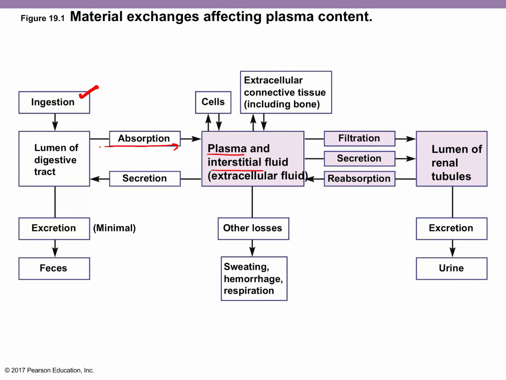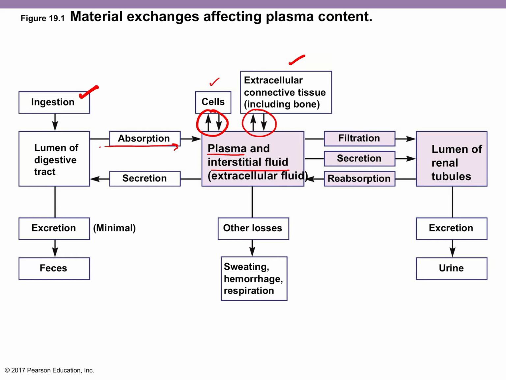So our plasma and our interstitial fluids of our tissues are going to be absorbing different materials from what we take in from the outside. They're also going to be exchanging materials with our cells and also with what is in our interstitial fluid, in our connective tissue. So there's always going to be a back and forth exchange of materials between our blood and what's in our cells and connective tissues.